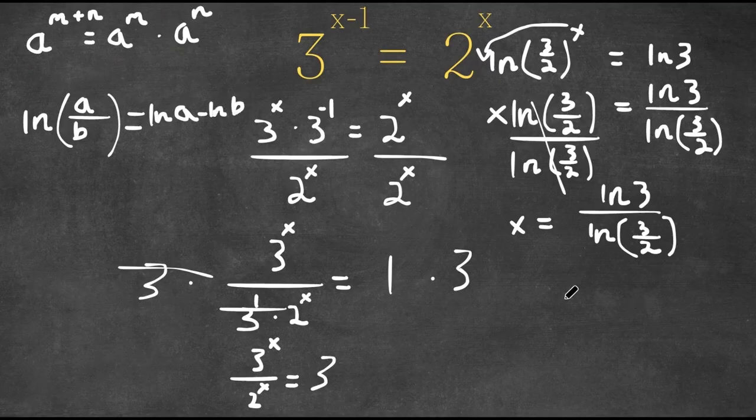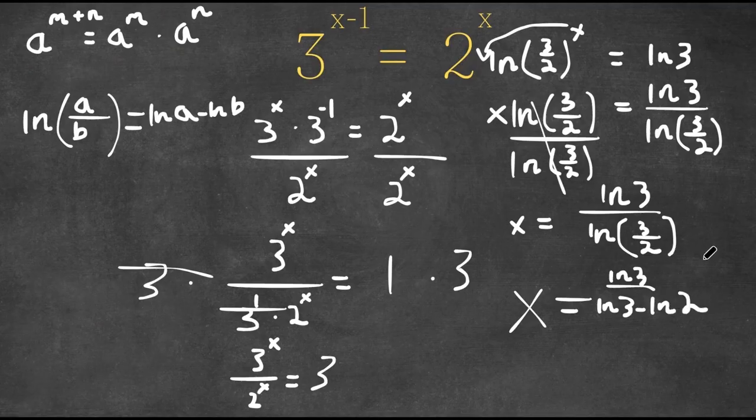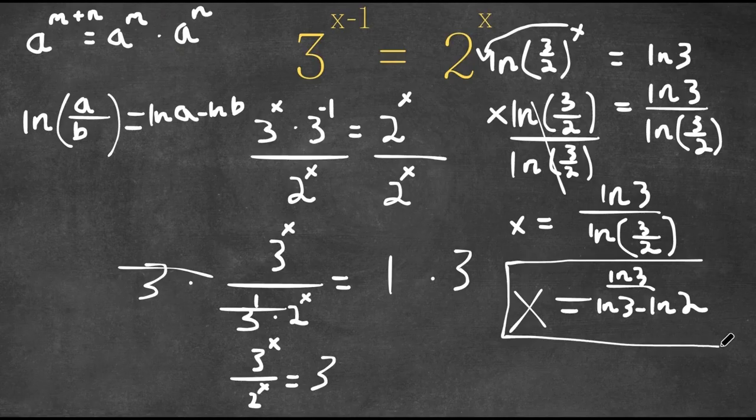So ln 3 over 2 would equal ln 3 minus ln 2. So this is our answer.